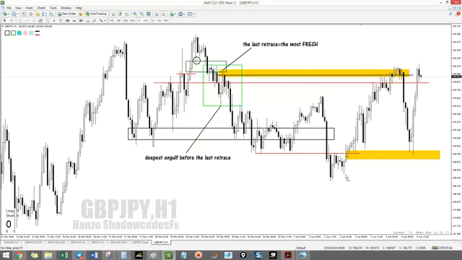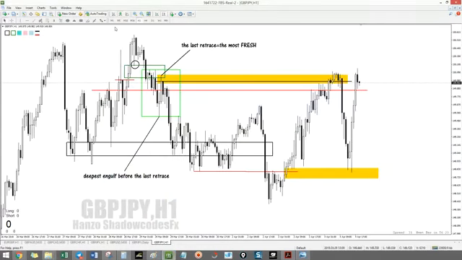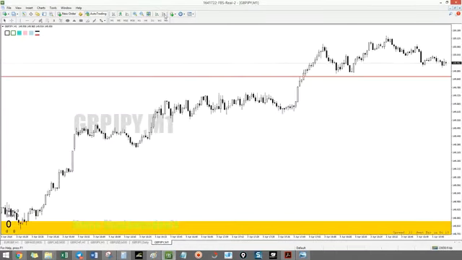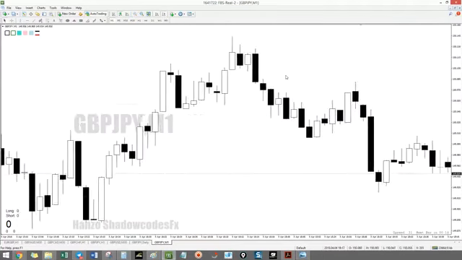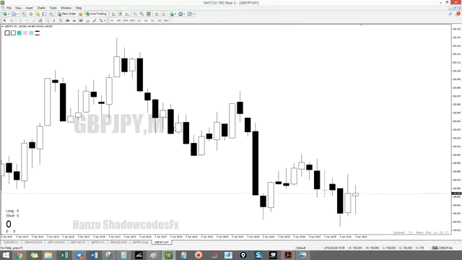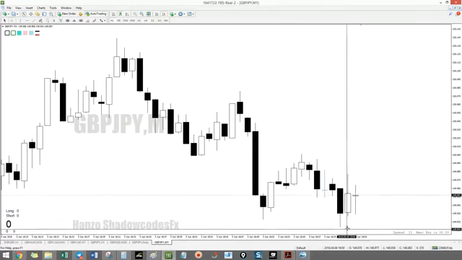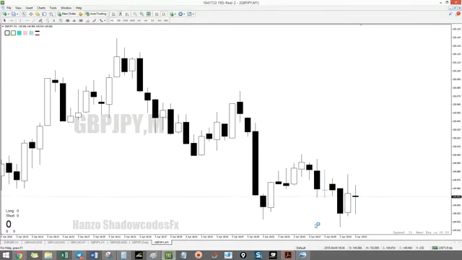Let's test on the current market. Can we go to M1? Like this. So you see this ST1.